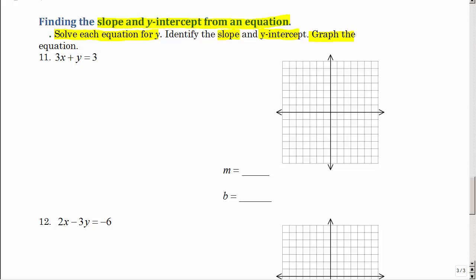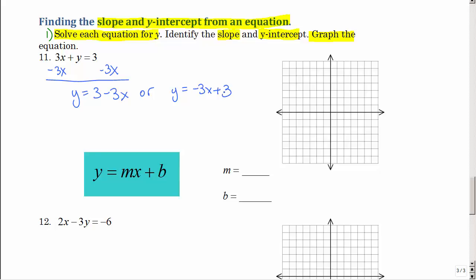First thing you do is solve for y. Get y by itself. How can I do that? Subtract 3x. So I have y equals 3 minus 3x. Could I also write that as y equals negative 3x plus 3? Yes, I can. Because what I want this to look like is y equals mx plus b.